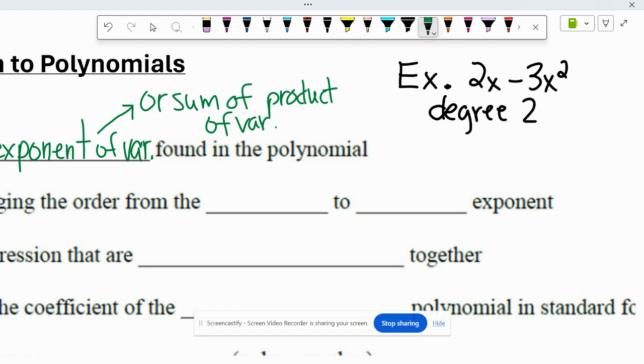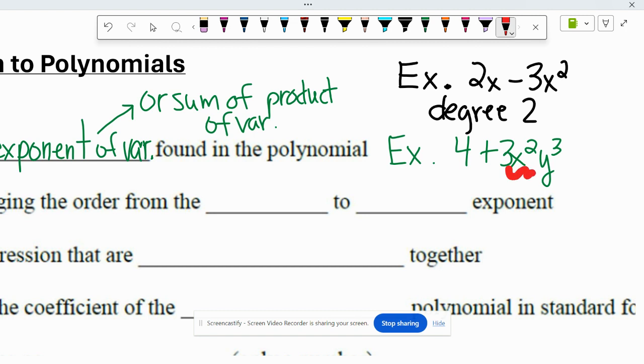A different example would be something like if I had 4 plus 3x squared y cubed. Do you see how this one term has a product of two variables? We have to add the two exponents together. So it's the sum of the product.